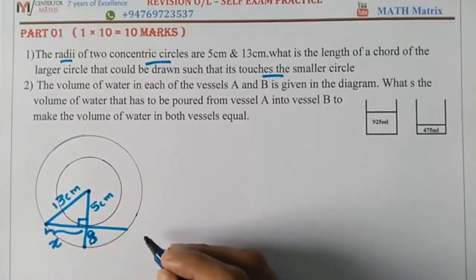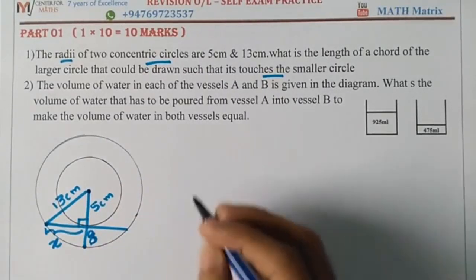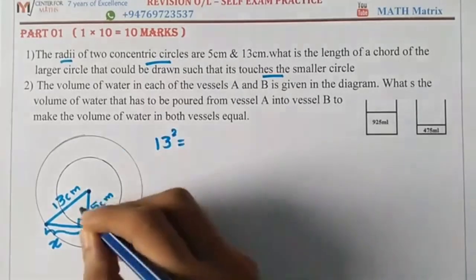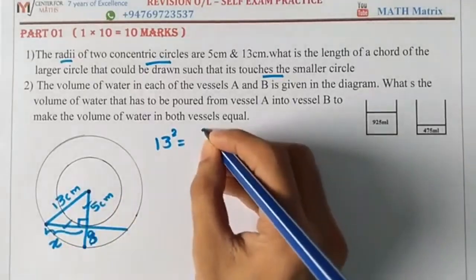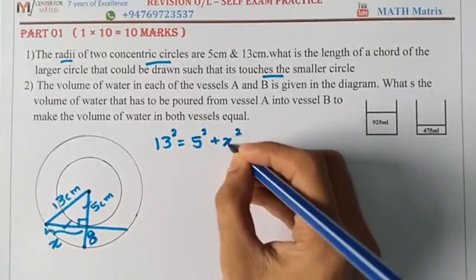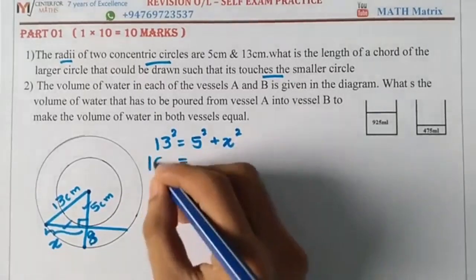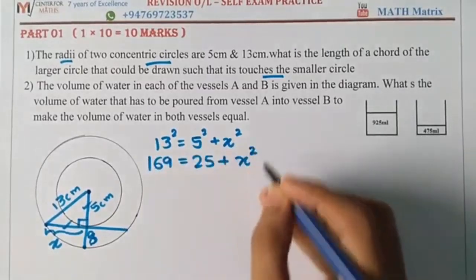I am taking this as x. So how to find this x? We have to go with the Pythagoras theorem. According to the Pythagoras theorem, the square of the hypotenuse is equal to the sum of the squares of the remaining sides, 5 squared and x squared. And 13 squared means 13 13s are 169, and that's equal to 25 plus x squared.